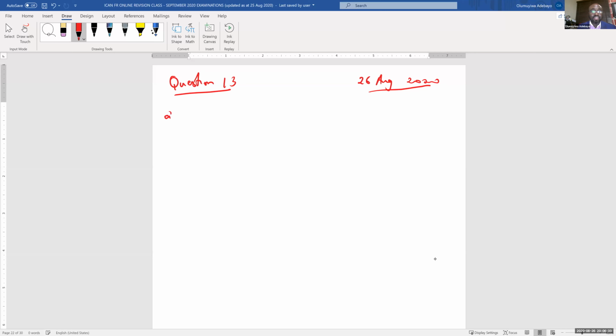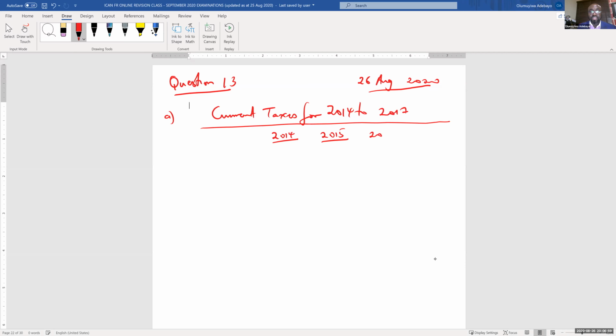Now, A says we should determine the current taxes for 2014 to 2017: 2014, 2015, 2016, and 2017. Recall, all figures are in thousand.